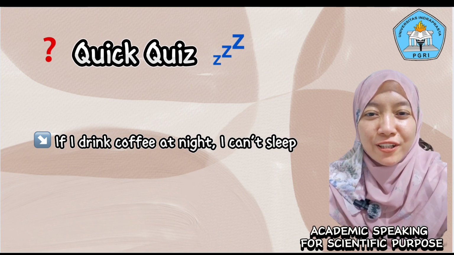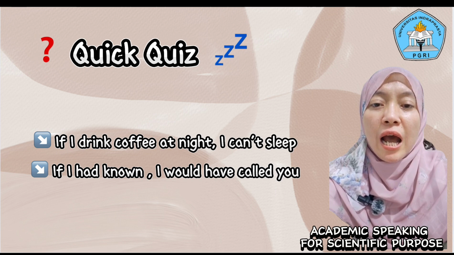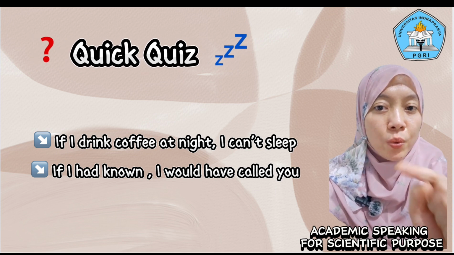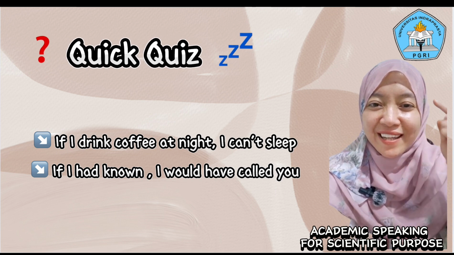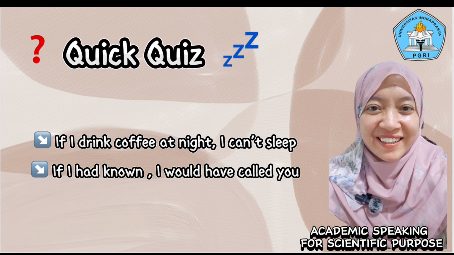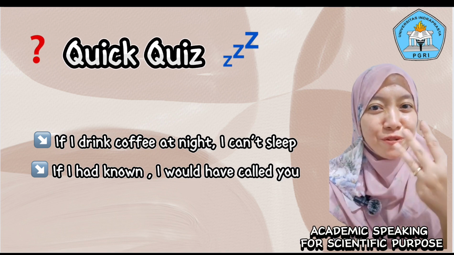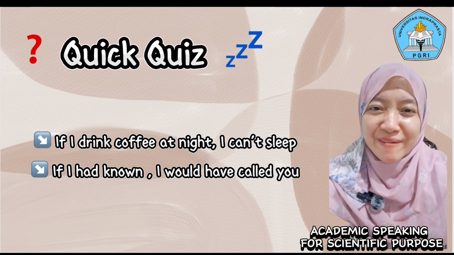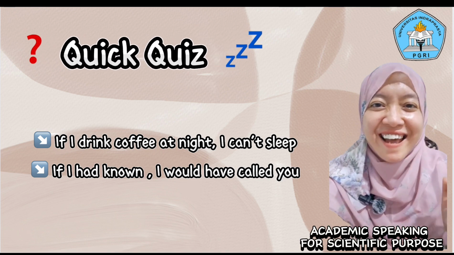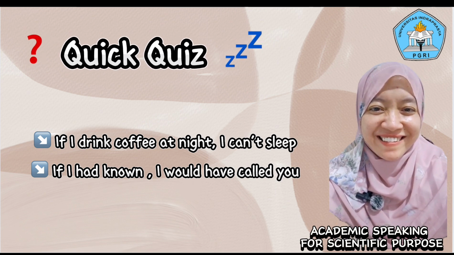Let's go to number 2. If I had known, I would have called you. What about this one? Think carefully. Okay? Are you ready? Any guess? Right. This is type 3. Talking about something in the past that didn't happen. Okay, now, here is the last one.